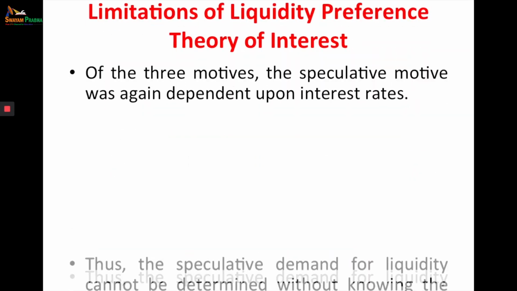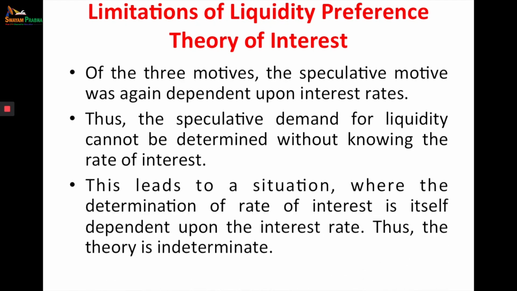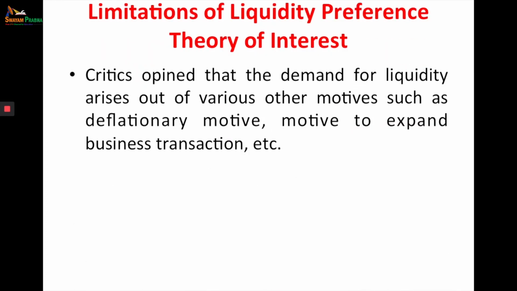The speculative demand for liquidity cannot be determined without the rate of interest. This leads to a situation where the determination of the rate of interest itself depends upon the rate of interest.